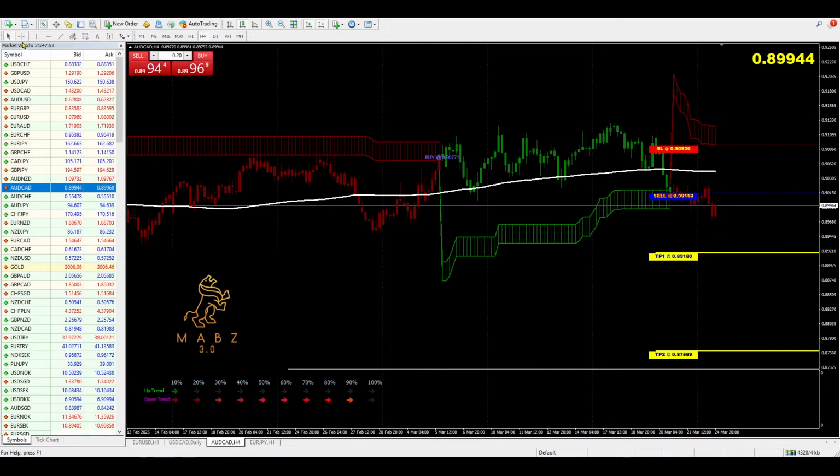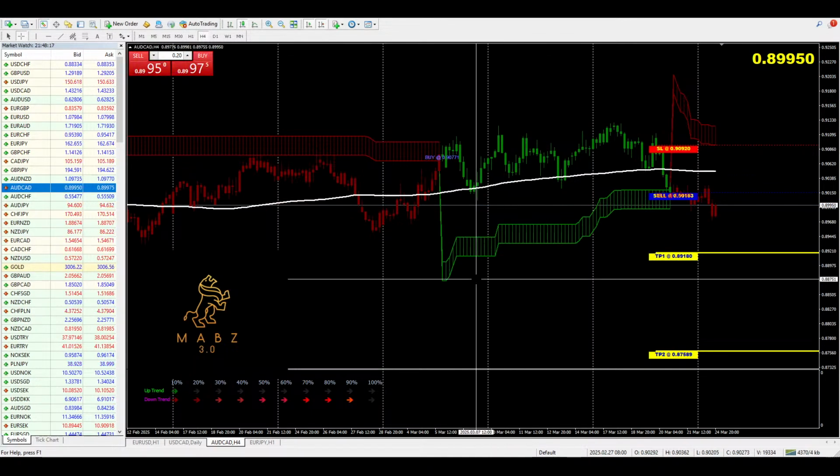Now, the next thing that we look at is the volatility meter at the bottom of the chart that we're looking at. On the volatility meter, we want to see this meter at 70 or above. As you guys can see, it went past 70%, went past 80%, now it's at 90%.